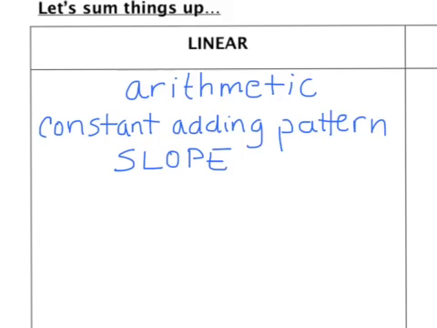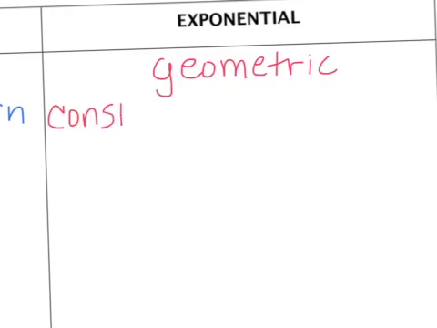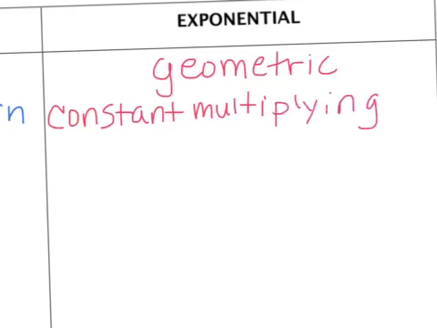We can contrast that a bit with exponential situations. So for an exponential situation, the synonym we can use there is the word geometric. So geometric really has a similar meaning as exponential, and that has to do with a constant multiplying pattern.